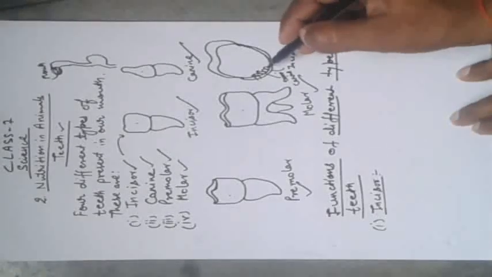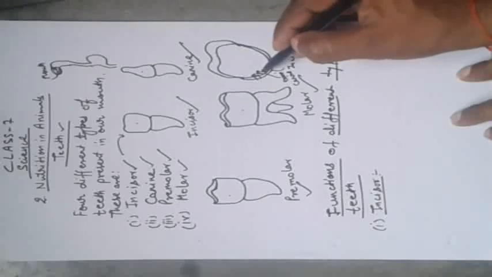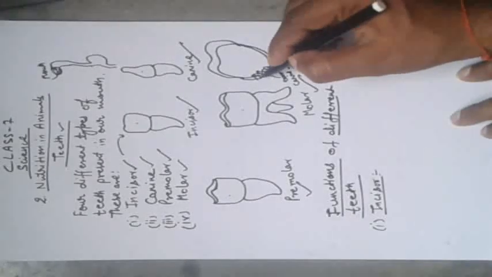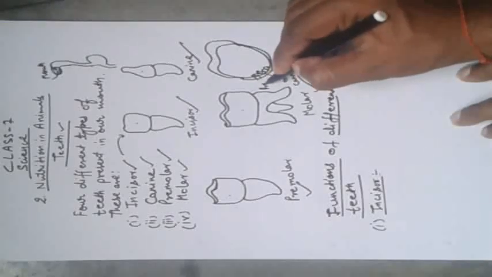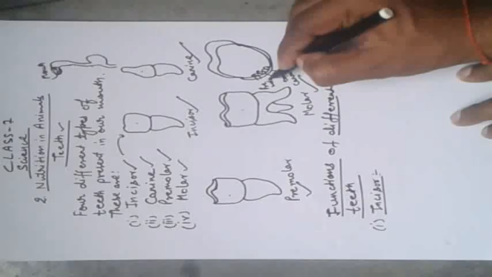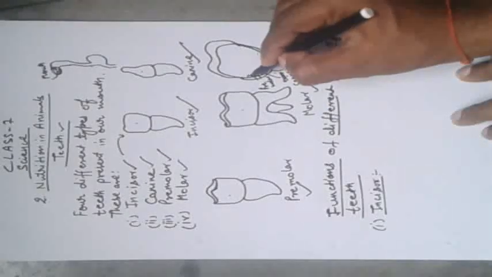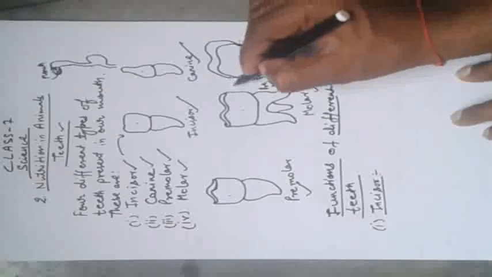So in front of our mouth there are two incisors, just next to the incisors a canine, next to the canine two premolars, and just next to the premolars three molars.